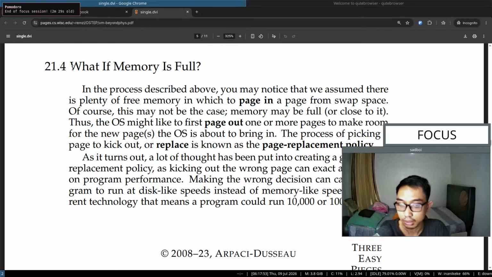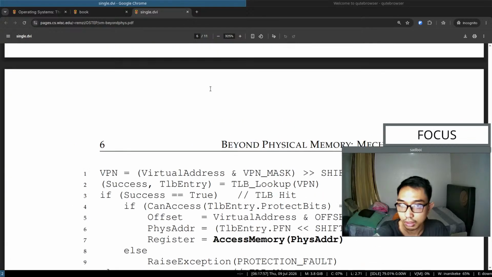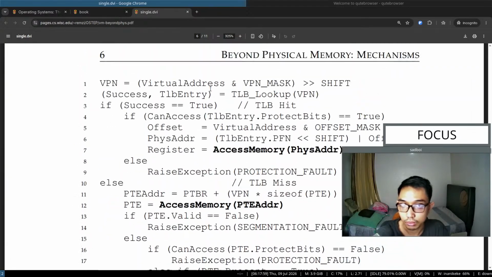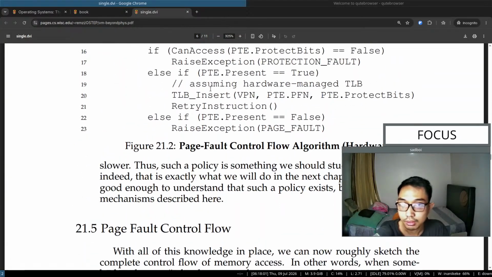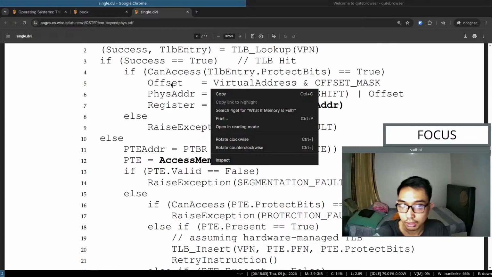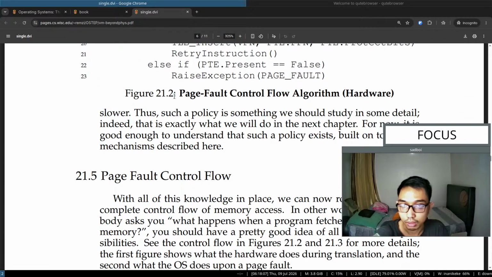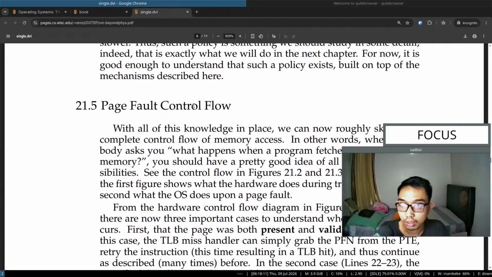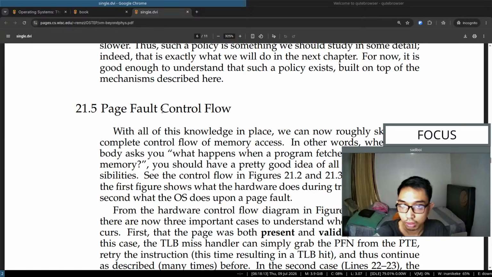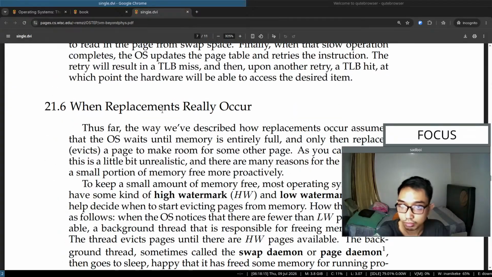Okay, I guess we will continue this on the next session. Oh, there is some example, I guess. Figure 21.2, okay. And then also the page fault control flow, okay.